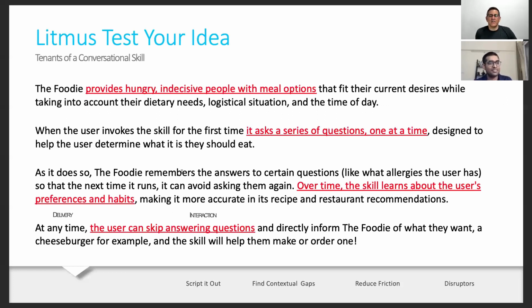Yeah, I think that also illustrates a good point, that it doesn't need to be either or. It doesn't need to be I'm going to have a skill instead of a website, or a website instead of a skill. They can work together, and they don't have to be a clone of one another. We get this sometimes as we're talking to potential clients, they'll start with, well, we have a mobile app and we want a skill that does the same thing the mobile app does.